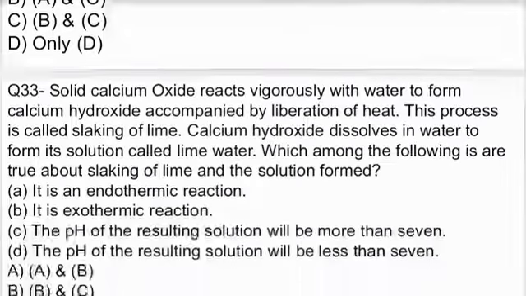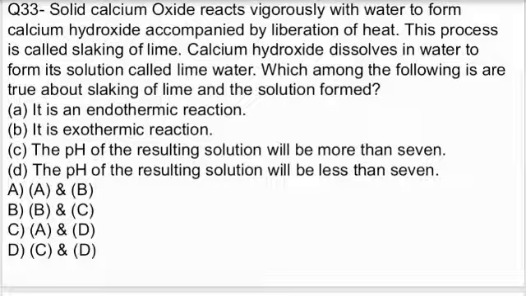The next question. Solid calcium oxide reacts vigorously with water to form calcium hydroxide, accompanied by liberation of heat. This process is called slaking of lime. Calcium hydroxide dissolves in water to form its solution called lime water.